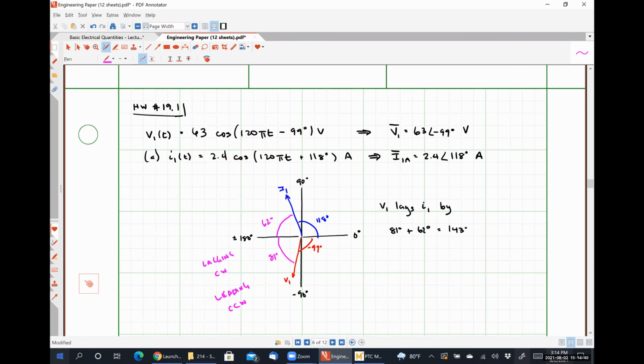WebWork doesn't know that 143 degrees and negative 217 degrees represent the exact same angle. So there is a distinct possibility that you can work the problem perfectly correctly and WebWork won't like your answer. In that case, add 360 degrees and see if that works. If not, subtract 360 degrees. One of those three things, your original answer, adding 360 or subtracting 360, will get you the correct answer.